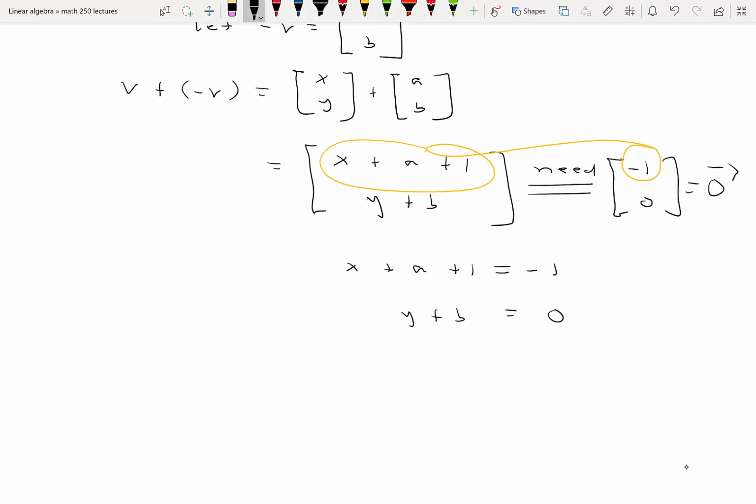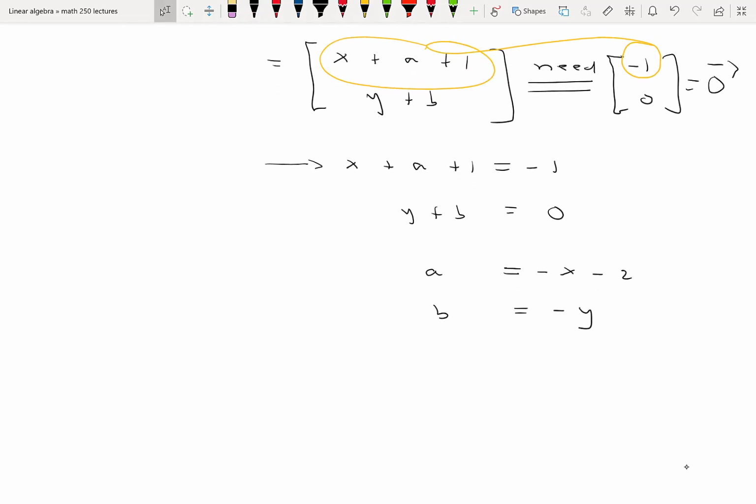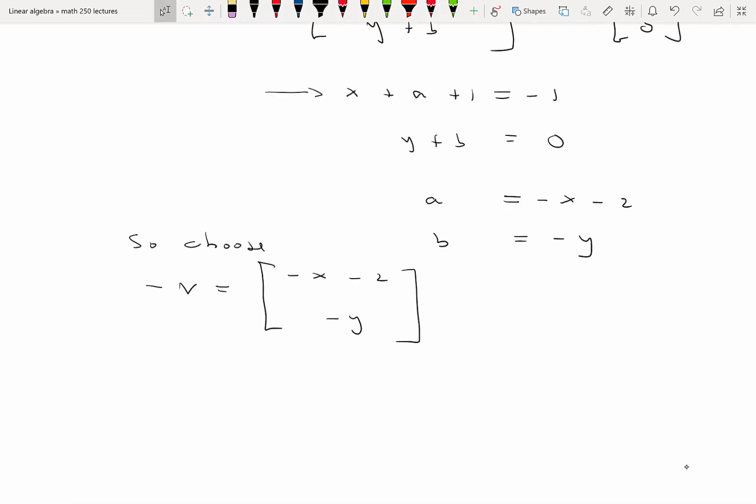So that says that a should equal, look at the first equation, subtract x plus 1 from both sides, so a should equal -x minus 2, and b should equal -y. As soon as I have found those two quantities, a and b, I've found my opposites. The opposite should be the column vector whose entries are -x, take away 2, and -y. We're done with that property.